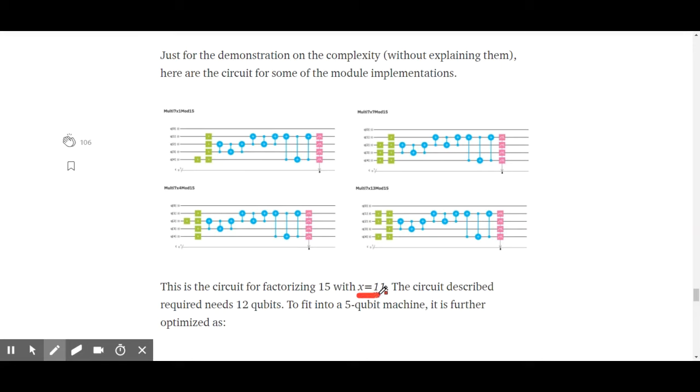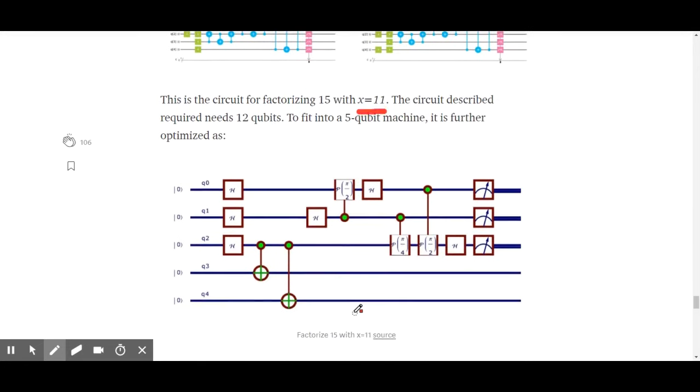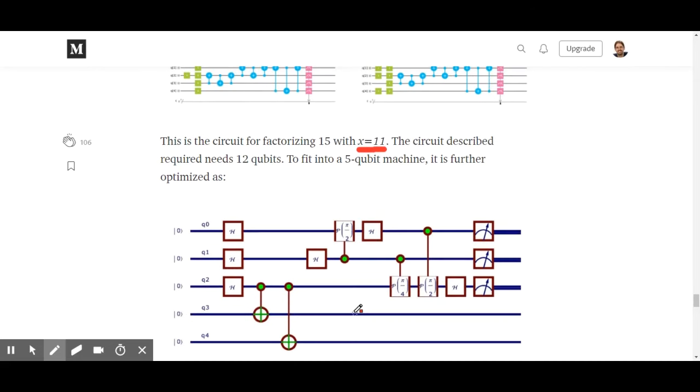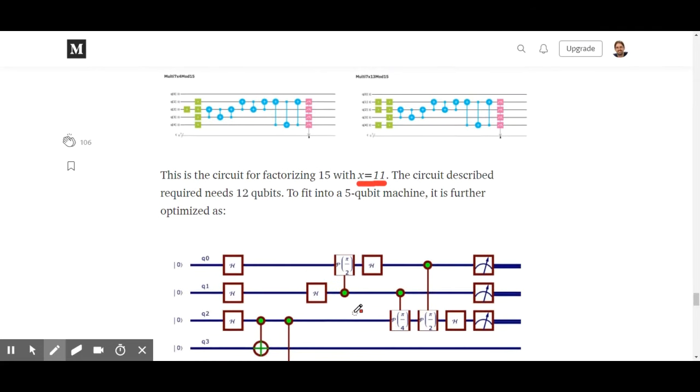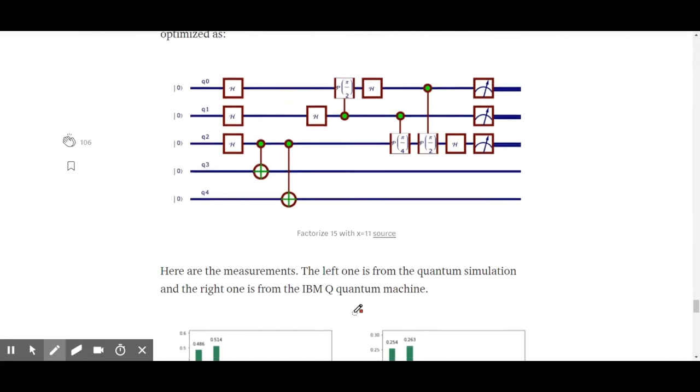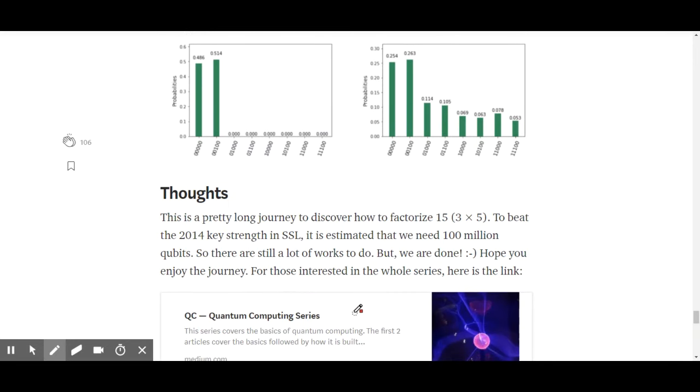Okay, so where is this coming from? The circuit described needs 12 qubits. To fit into a 5 qubit machine, it is further optimized. Okay. I guess we don't care about the optimization right now.